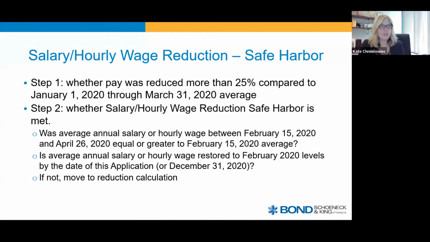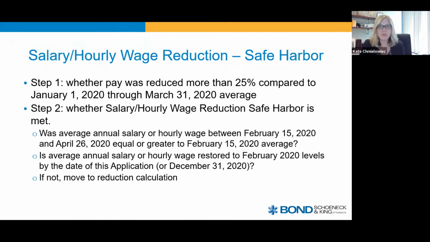Okay. So the next slide is talking about the salary and hourly wage calculation. As we've mentioned in other webinars, there is a safe harbor for the wage reduction. So first we have to determine if the safe harbor has been met. Step 1, as you see here, is whether the pay was reduced more than 25% compared to the January 1, 2020 through March 31, 2020 average.